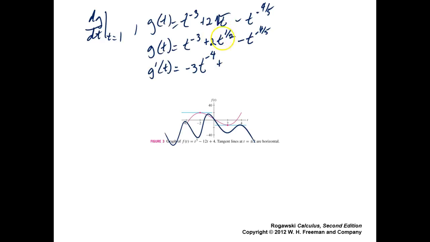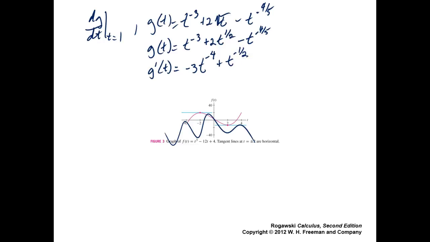What do you do with the 1/2? You multiply it by the coefficient. So that would be 1/2 times 2 is 1. There's more. T to the negative 1/2 power.